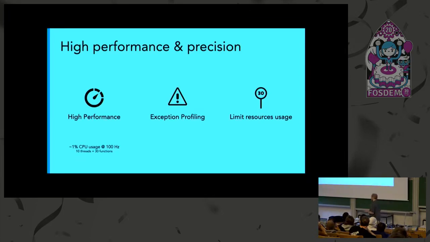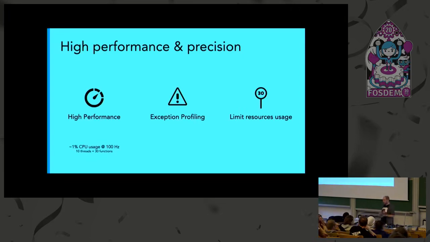So it's already a pretty good thing to get, and it can get a bit cheaper because the way it works, you sleep every 10 milliseconds, but you can increase that amount of sleeping. So if you want less impact on your performance, you can dynamically adapt your sleeping time.